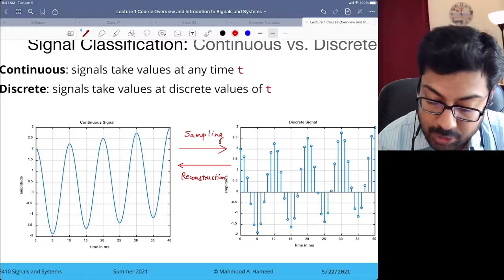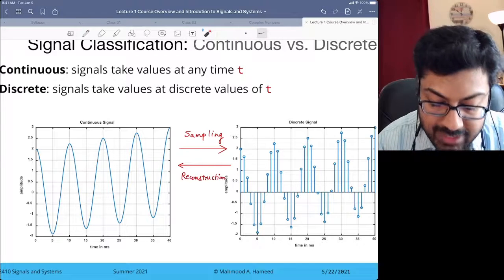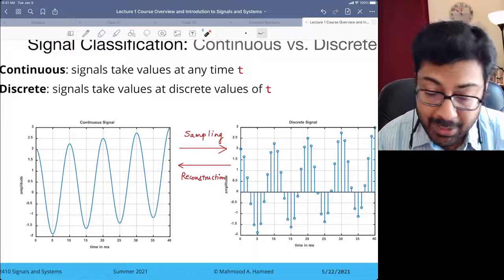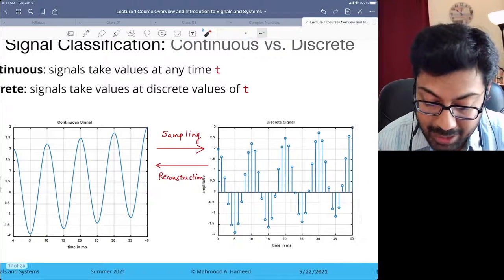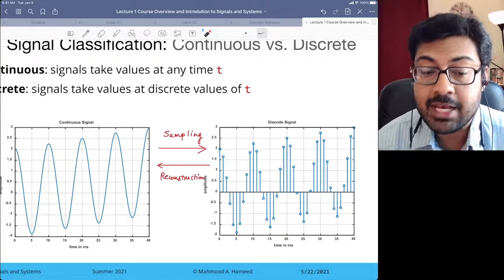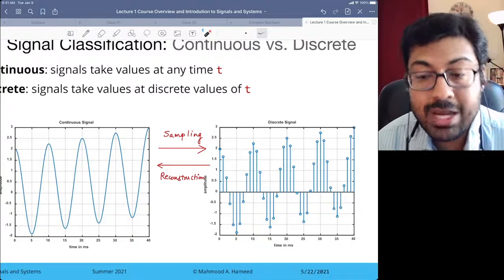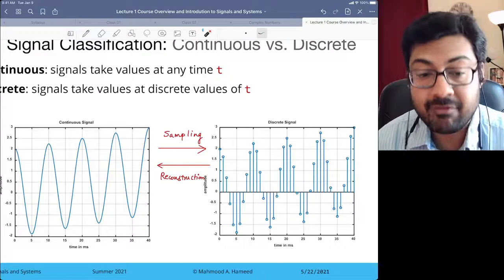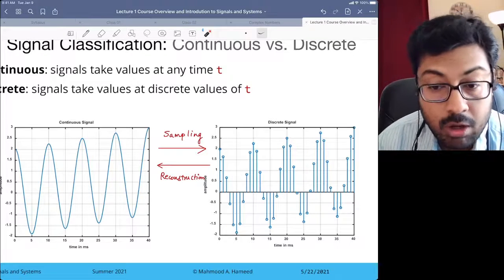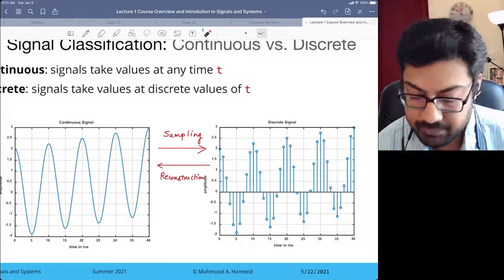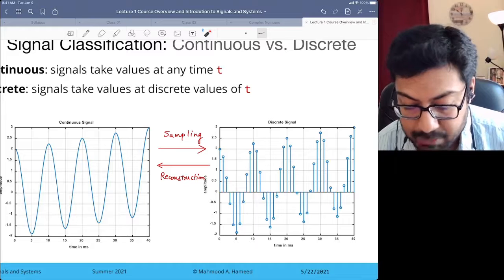While you are doing reconstruction, you may be able to get this, or get somewhere close to this, right? But clearly, by looking at these two, you know that if you do not have enough samples, then you will not be able to reconstruct the signal. If you have enough or more than enough samples, you will be able to reconstruct it. So right now, how many samples do you have?